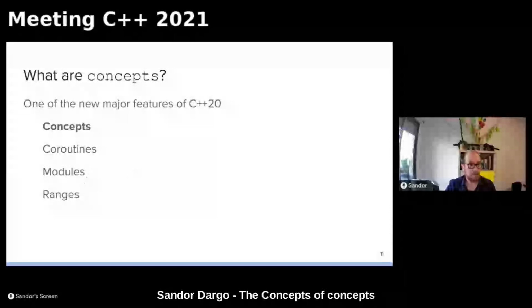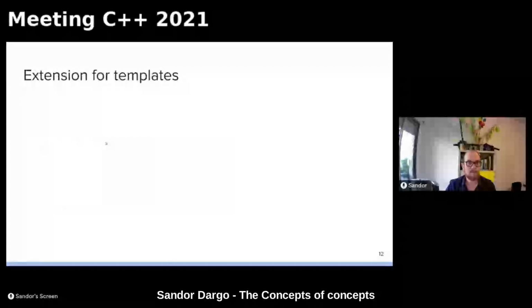Then we have modules, and I think that tonight with Gabriel we'll have a really interesting Ask Me Anything session, mostly about modules. We have coroutines, and finally we have concepts. That's what we are talking about here.